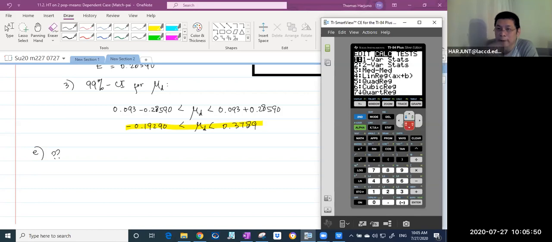What's that again? The box plot. I totally forgot what the function is to find those numbers.